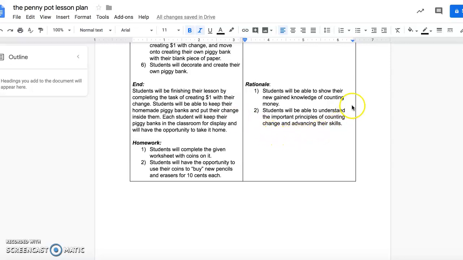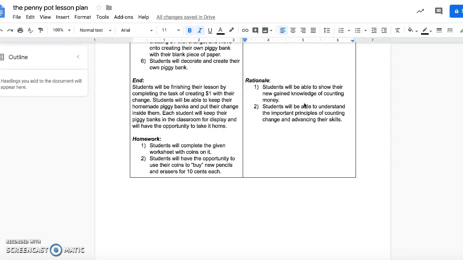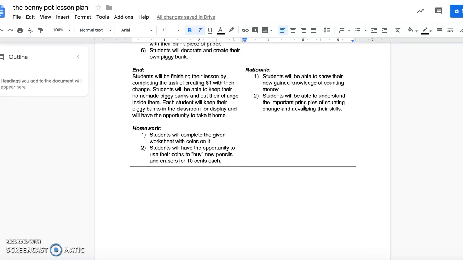The reason I chose these activities is to show their new knowledge of counting money, to show that not only can they count to $1, but they will be able to piece together and count more money as they get older. Students will be able to understand the important principles of counting change and advancing their mathematics skills.